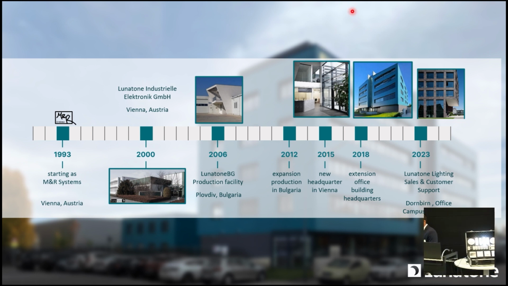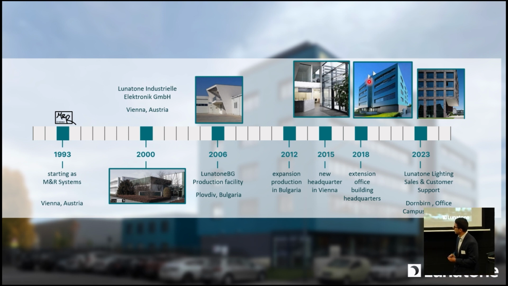Lunatone was started as M&R system in 1993. It was a small team of university students, and they had a great idea. Let's do some technical projects, like technical equipment in the lighting industry, some lighting parts. And they did that kind of small project.